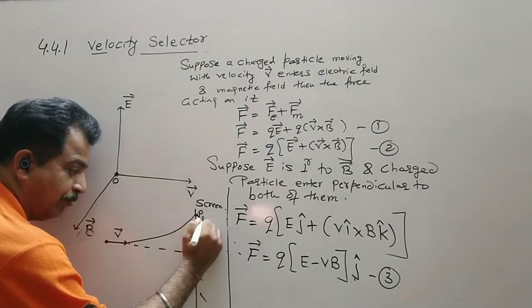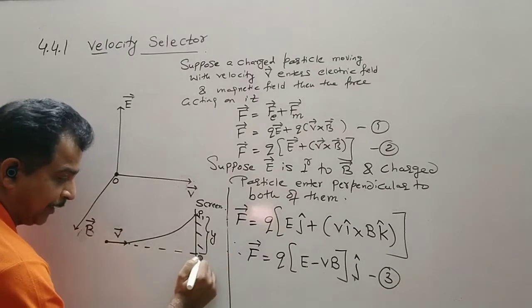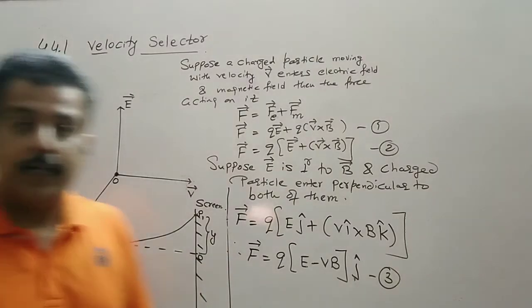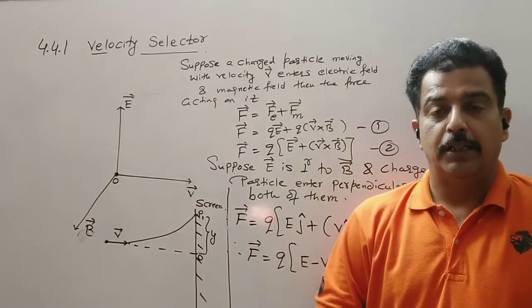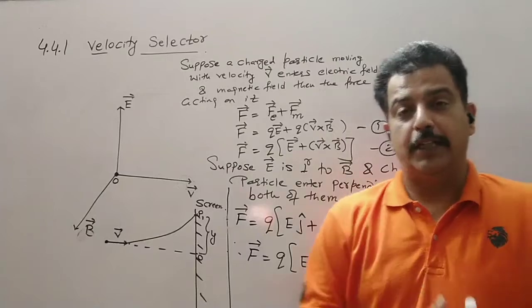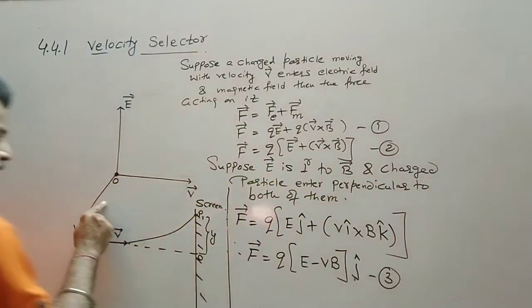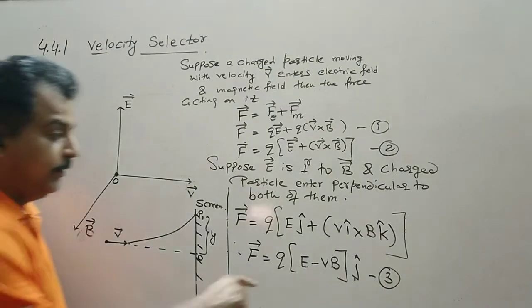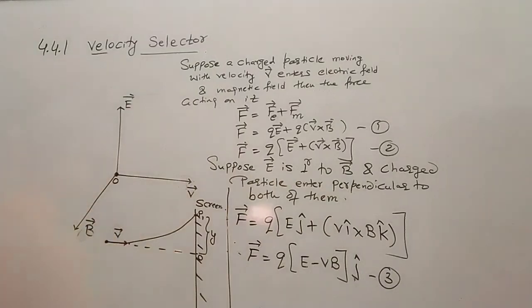Let this point be P1. This is the deflection of a particle from its original path, which we have determined in chapter number 1, electrostatics, where only the electric field was present. Now suppose only the magnetic field is present. In this situation, the direction of the force is i cross k, that is minus j.